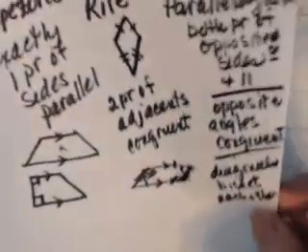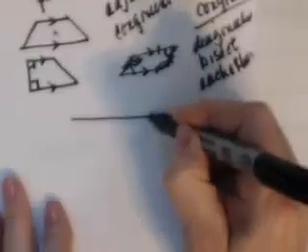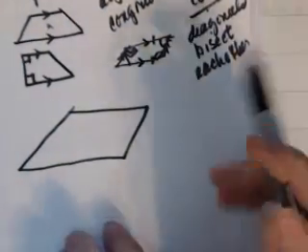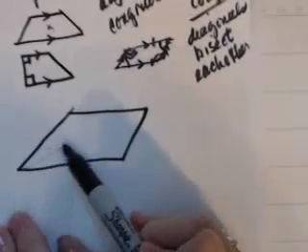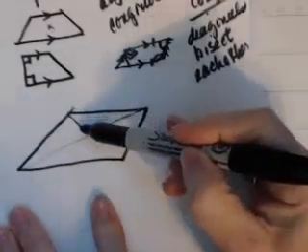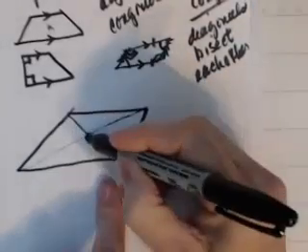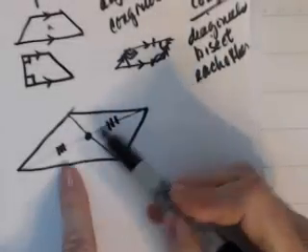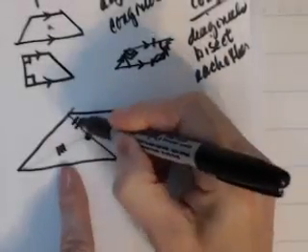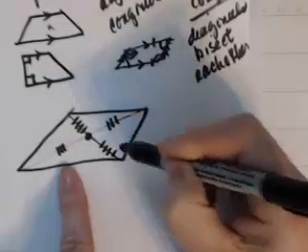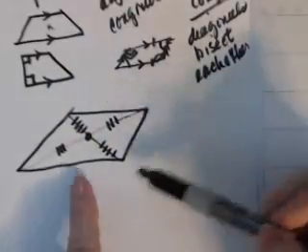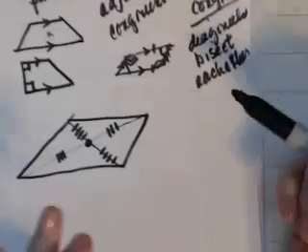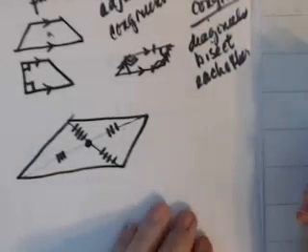I'll draw it a little bit bigger down here so I can show you, well, not a very good parallelogram. Its diagonals bisect each other, meaning that these two segments are congruent and these two segments are congruent. They're not all four congruent to each other. These two are congruent and these two are congruent. That's the properties of a parallelogram.